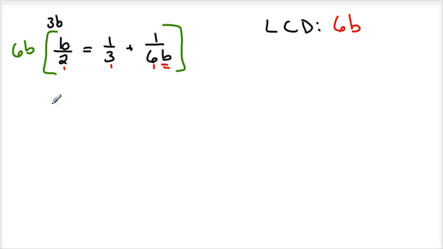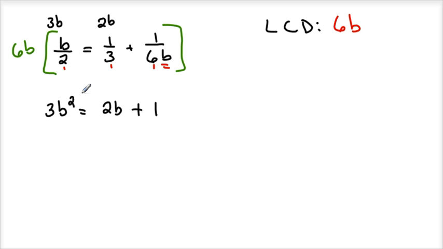So 3b times b is 3b squared equals my second fraction, 6b over 3. What simplifies? 6 over 3, okay, so I'm left with 2b. So 2b times 1, 2b, plus 1 over 6b. What simplifies? The 6b's cancel out, leaving me with just 1.